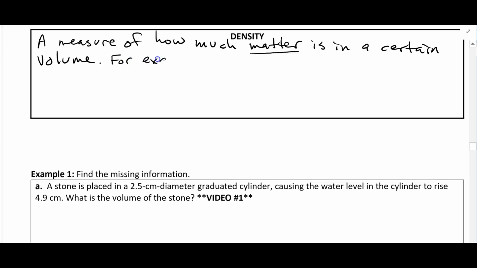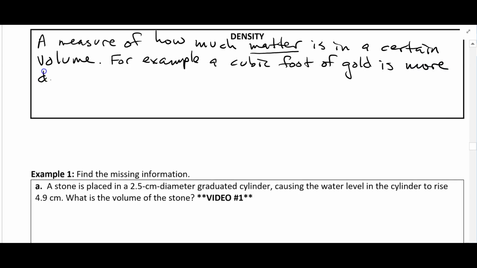For example, a cubic foot of gold is more dense than a cubic foot of wood.